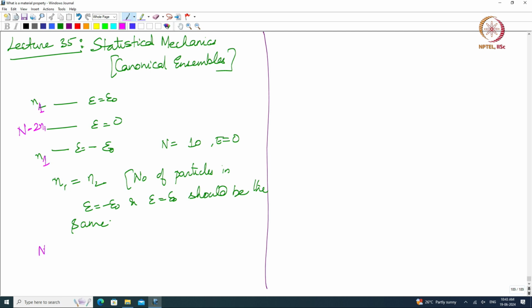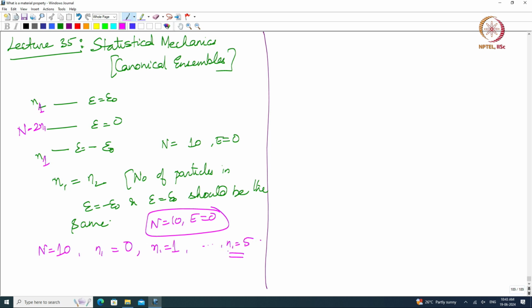So, for n equal to 10, n1 can be 0, so I can put all the 10 particles in epsilon equal to 0, and I have satisfied both the constraints, right. So, n equal to 10, E equal to 0, by having all the particles in state 2, which is epsilon equal to 0, or n1 equal to 1, or I can have n1 equal to 5, right.